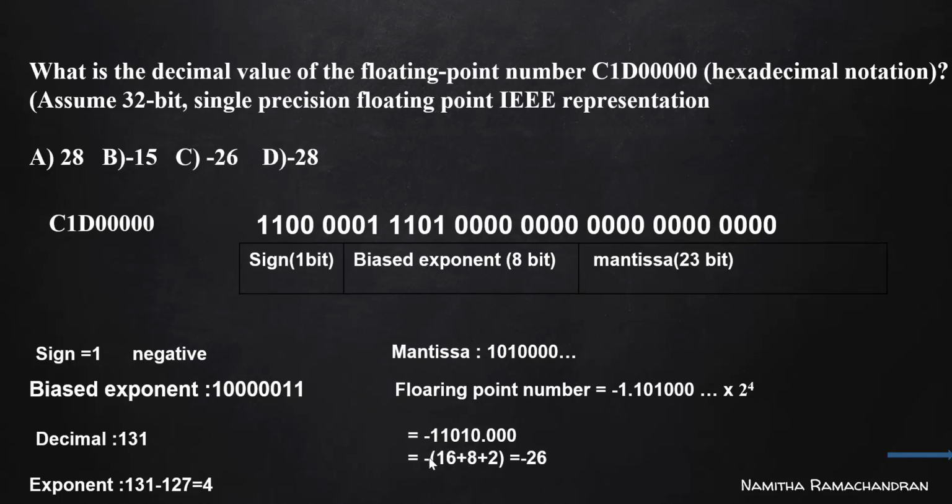And the number is negative, so while adding, we get negative 26. So option C is the right answer. In this type of question, that is the conversion from the IEEE single precision representation back into its decimal equivalent, you must include that default 1 before the decimal point.